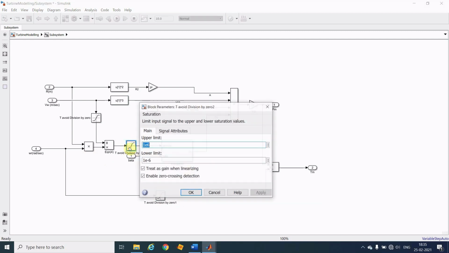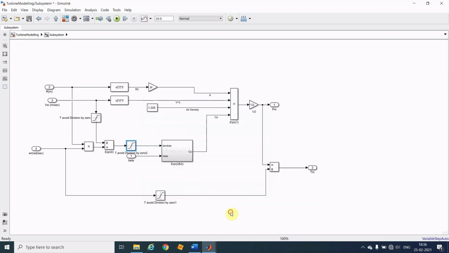For that here we will take infinite. I think almost it is done.